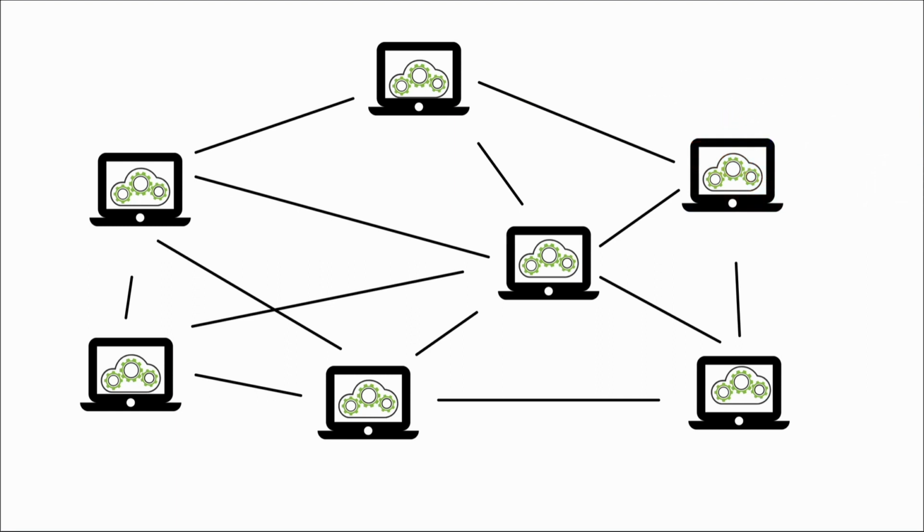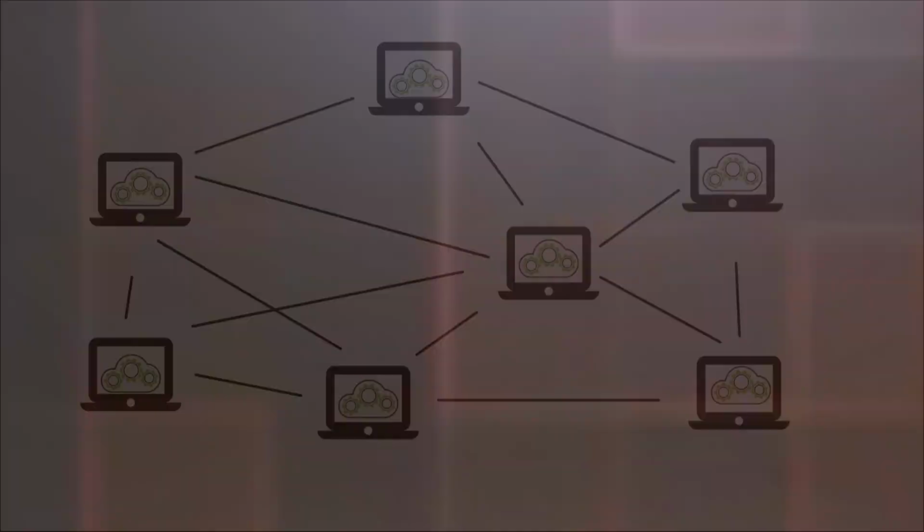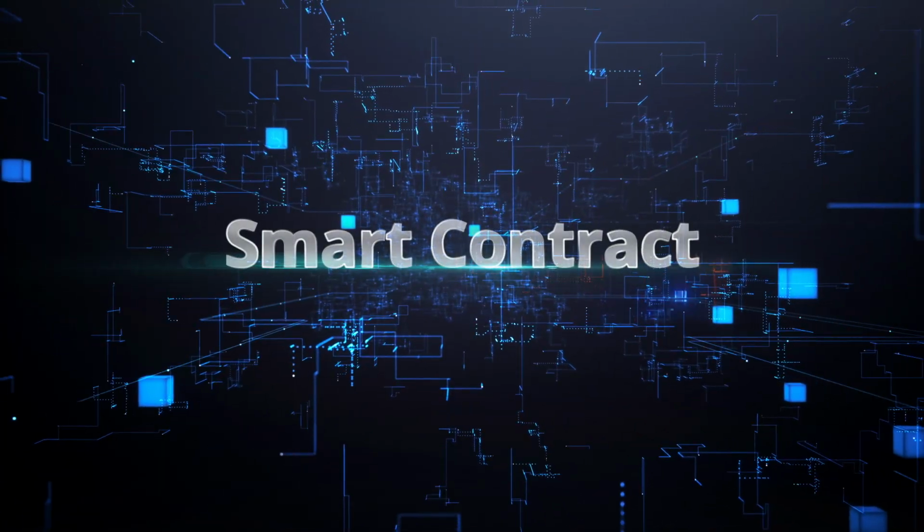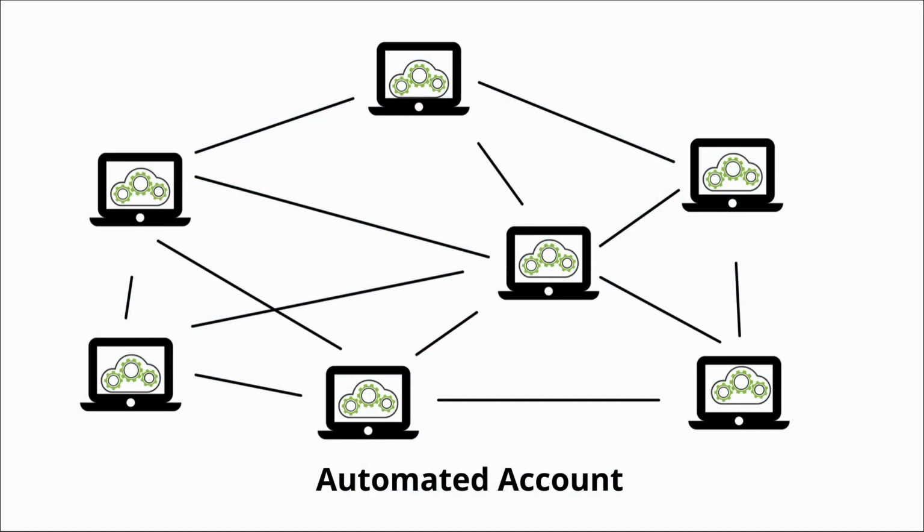So a participant is called a node. If every single node is running the software, it's of course not very efficient. But that's the price we pay to get full verifiability and immutability. So that's a smart contract in a nutshell: an automated account that is immutable and verifiable because it runs on every node of the network.